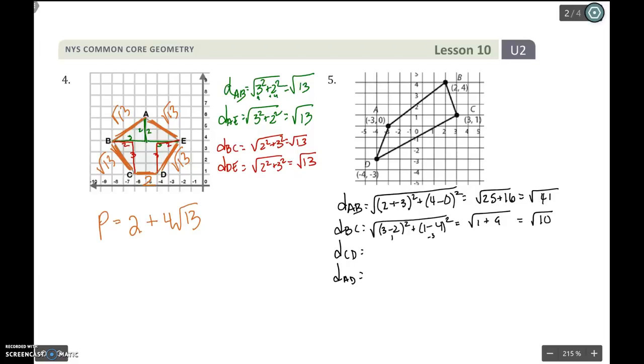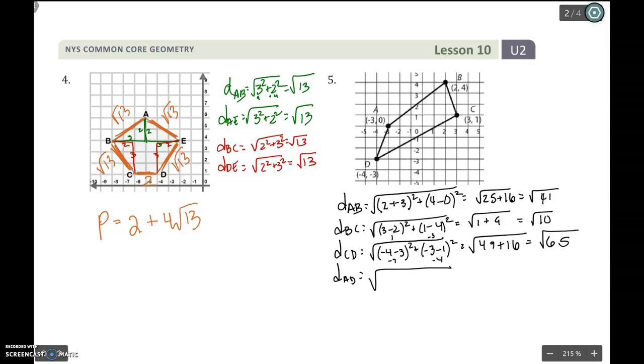Radical 10. For C to D, x2 minus x1 squared, y2 minus y1 squared. Negative 7 squared is 49, and negative 4 squared is 16, which should make this radical 65.